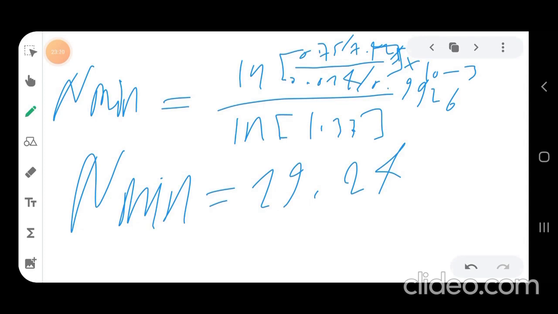Now we can move to part B, where you need to determine R minimum. How do we determine this R minimum?